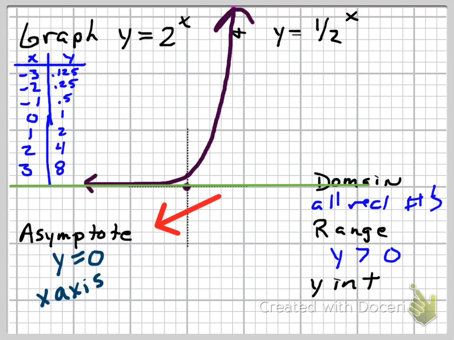Whatever your range is, it has to describe the numbers in the xy table in the y column. All those numbers have to be greater than 0. The x column, there's nothing to describe them. That's why it says all real numbers. Because you can't say all the x's are greater than 0 or less than 0 or anything like that. There's no limits to the x's because you get to make them up. And then the y-intercept in this case would be 1.